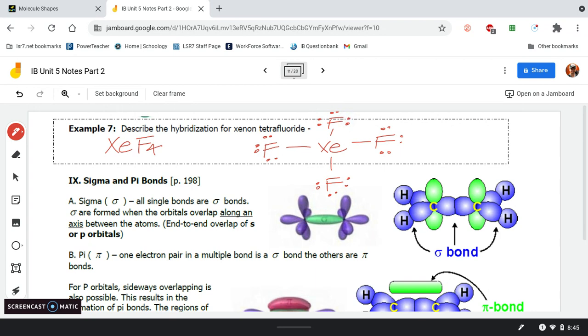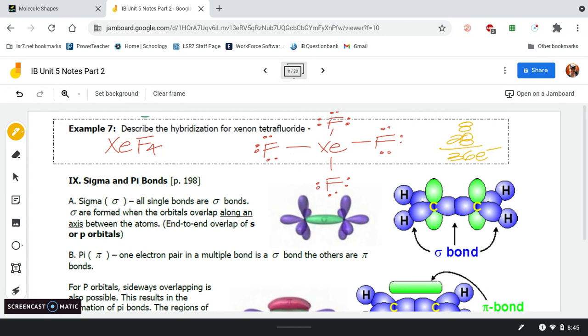So let's do a target number. So your xenon is 8. It's actually a noble gas. That's kind of rare, seeing noble gas bonding. And then you got 7 for fluorine. So 4 of those. So we're actually looking at 36.